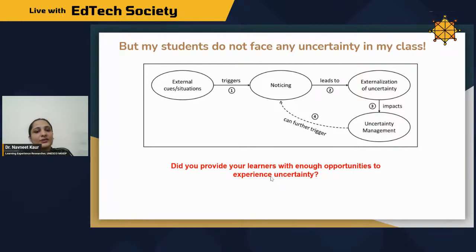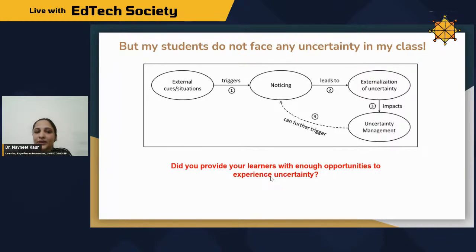And then when learners notice something, it will trigger some questions and doubts in their minds, and it's a possibility that they will externalize their doubts and uncertainties, and afterwards it will lead them to engage with the management of those uncertainties.